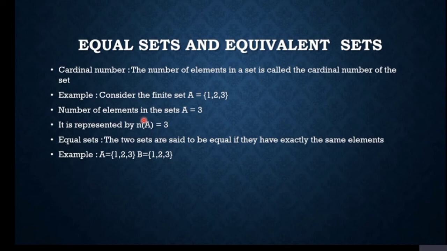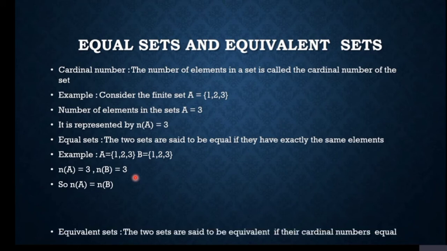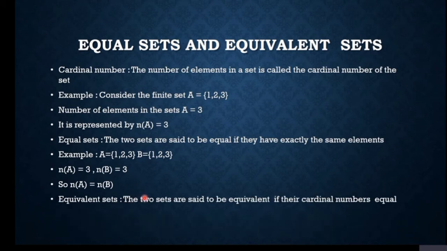So here the cardinal numbers are equal and the two sets have the same elements. So n(A) = 3 and n(B) = 3. n(A) = n(B) and also A = B here. So they are equal sets.